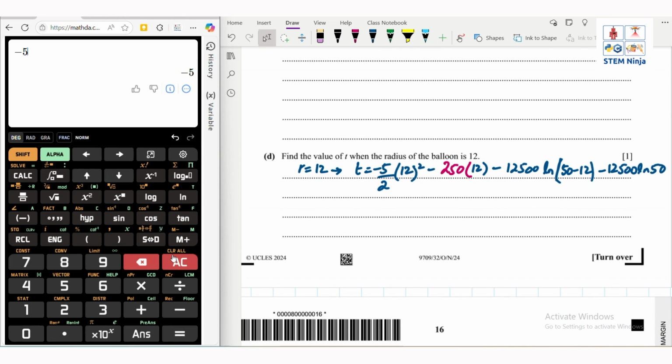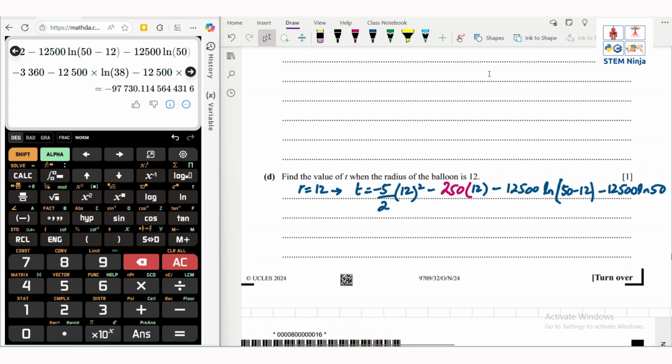So minus 5 divided by 2 times 144 minus 250 times 12 minus 12500 ln 50 minus 12 minus 12500 ln 50. So we get this value.